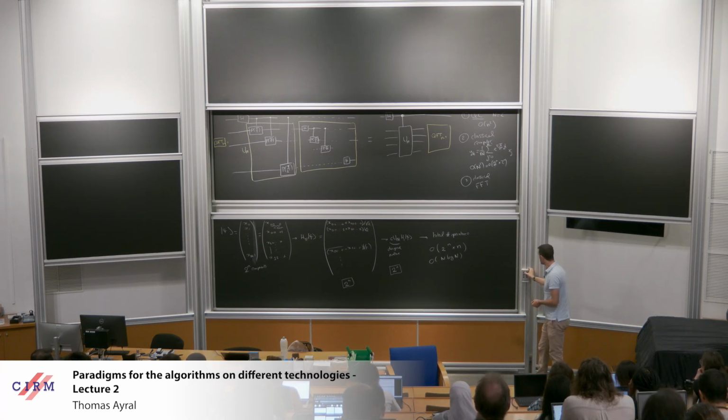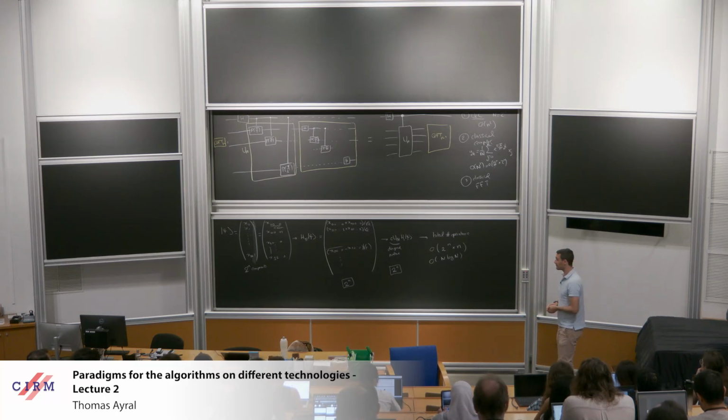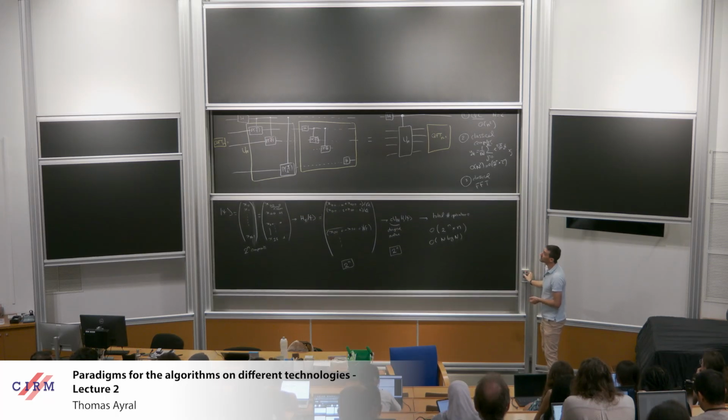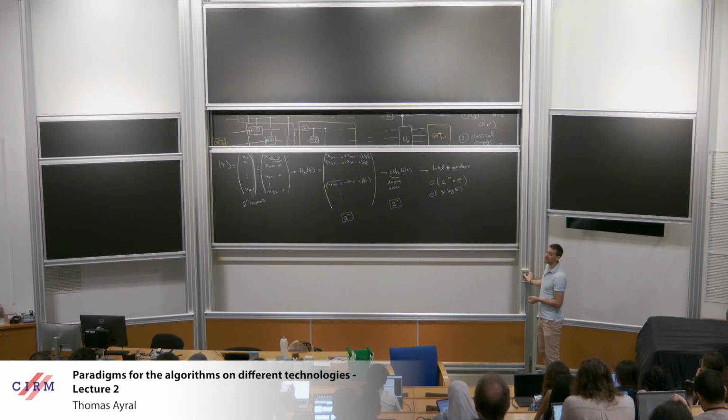And now I'm going to tell you about one of the most famous applications of quantum Fourier transforms, which is Shor's algorithm. I'm not going to do it in much detail because Pierre-Alain is going to do it better than me later this week. But I'm going to give you a brief idea of why this Fourier transform is used to factor numbers.